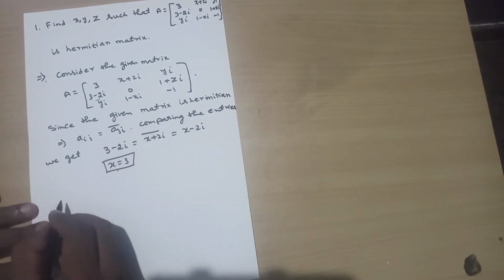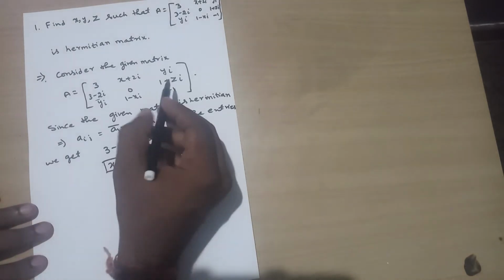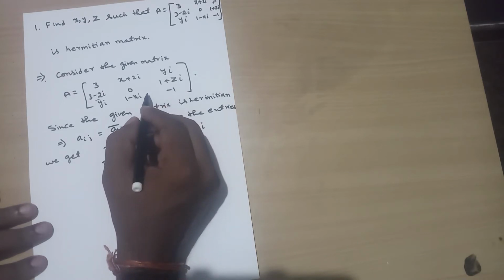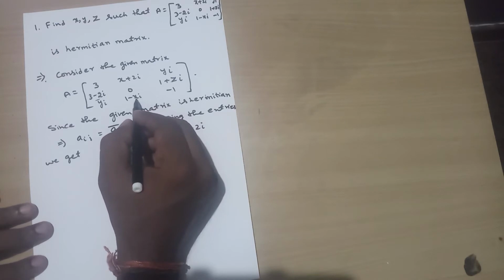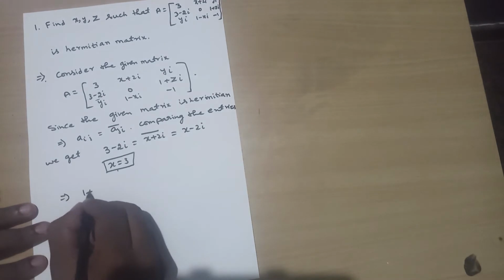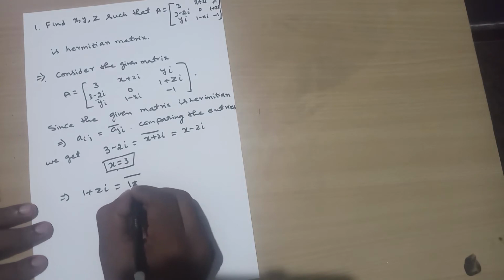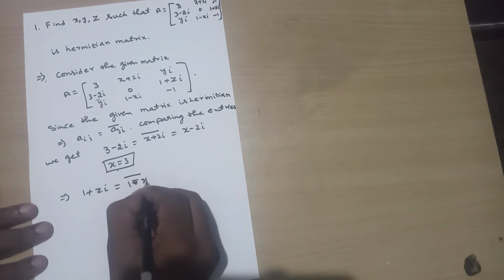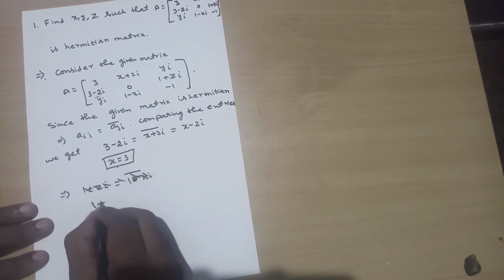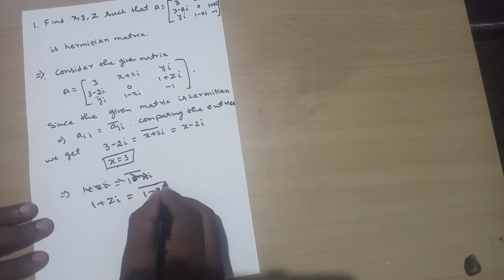Okay, so now I'll take another conjugate here. What do you get for z? I'm taking this one and this one. This implies that 1 plus zi equals the conjugate of 1 minus xi. 1 plus zi equals the conjugate of 1 minus xi.